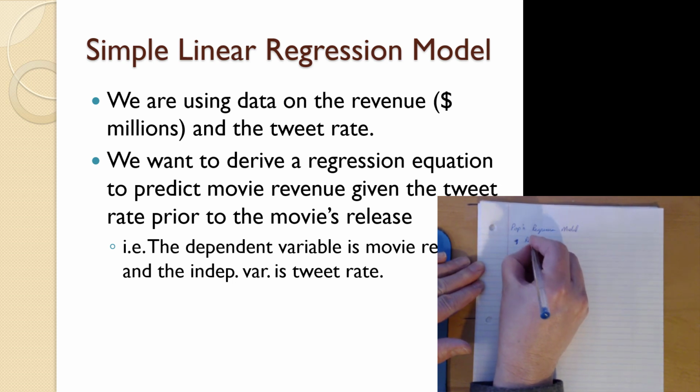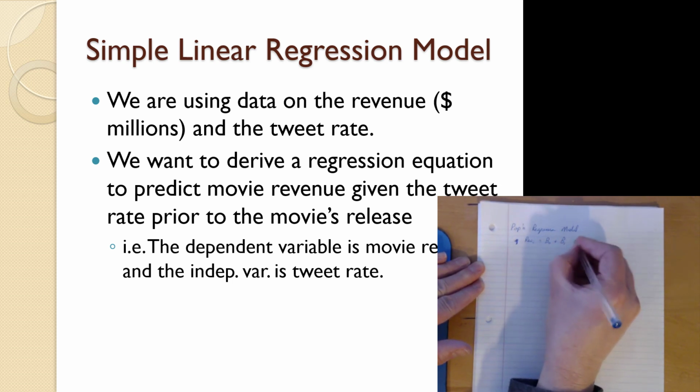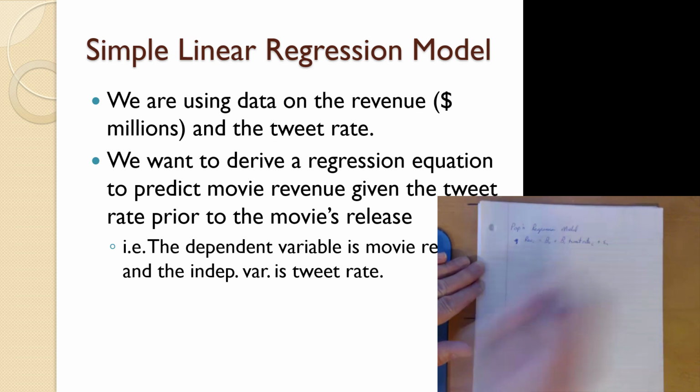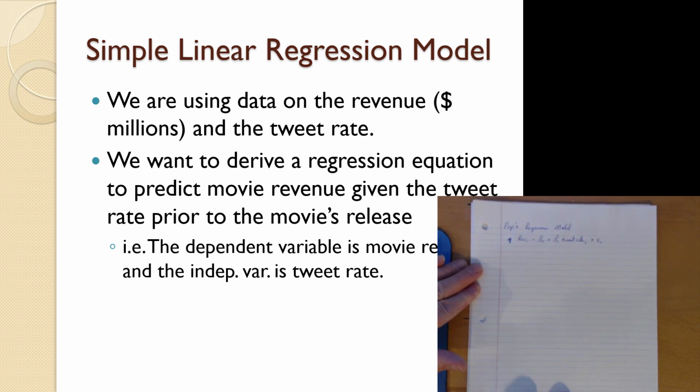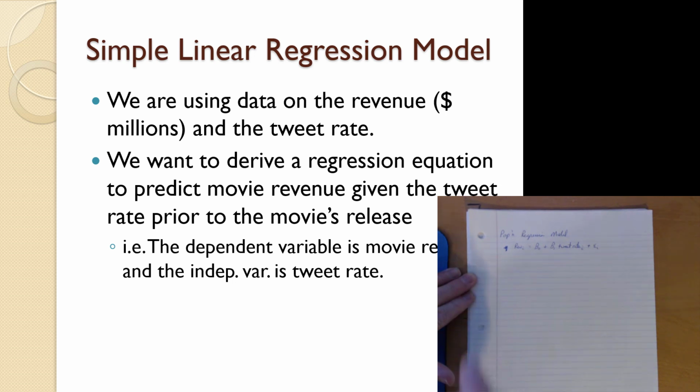Let's call it revenue with little i: beta 0 plus beta 1 times tweet rate i plus epsilon. So we have a context for this particular model. There is a model we want to estimate, and so we're going to keep that context.